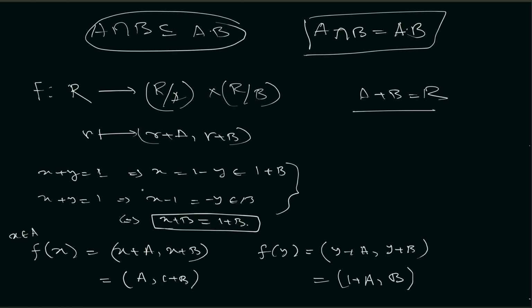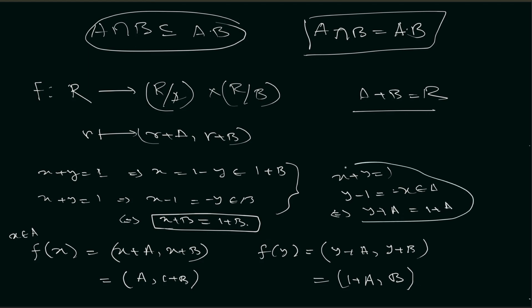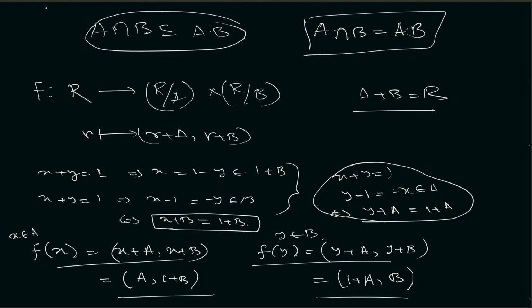The similar thing we did here: x plus y equals 1, this means that y minus 1 equals minus x, which is in A, if and only if y plus A is equal to 1 plus A. The similar kind of information I have chosen here. So similarly, f of x is this, f of y is this, where x is a member of A and y is a member of B, right?